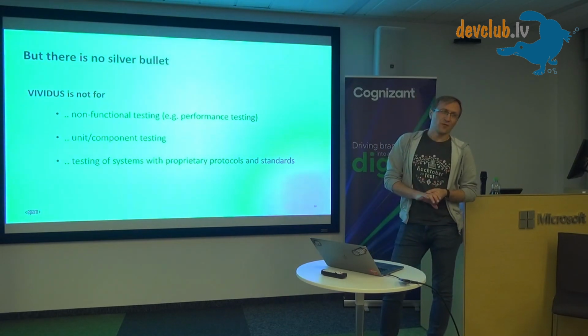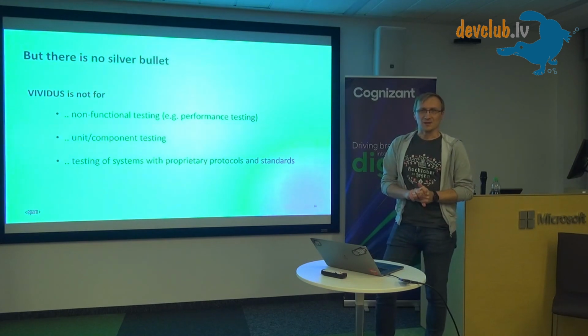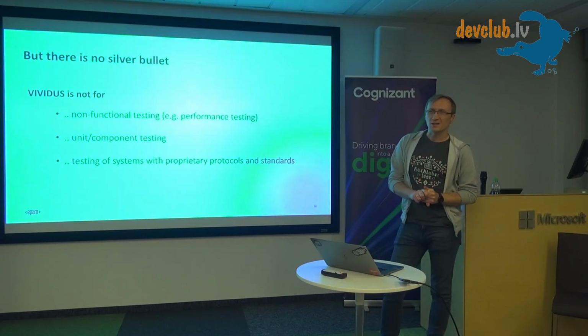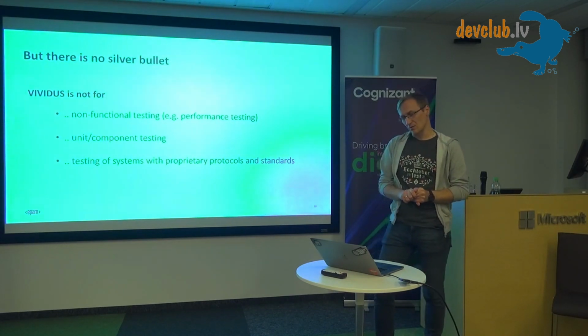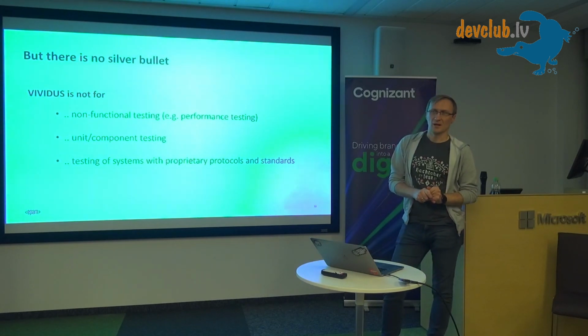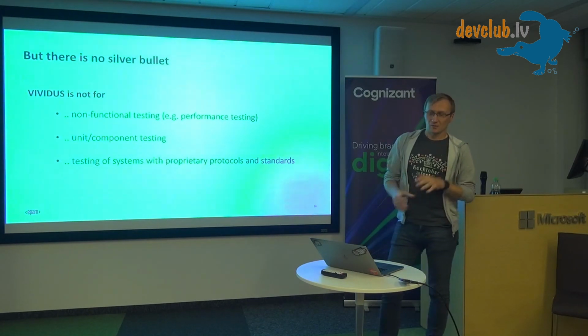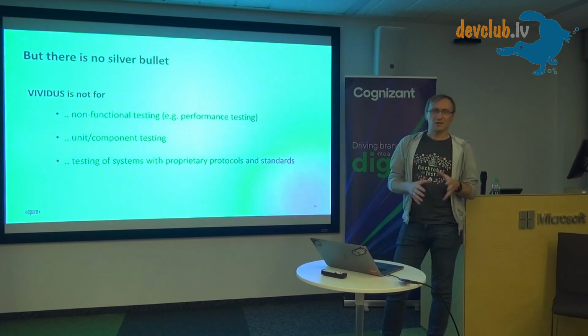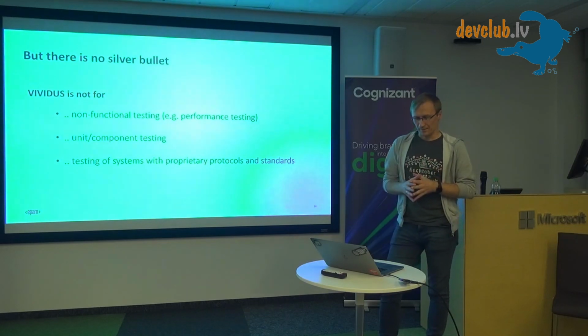Also, VIVIDUS is not for unit or component testing, because it's dedicated to system or system integration testing. If you need to test something at a low level, it's better to choose other tools.